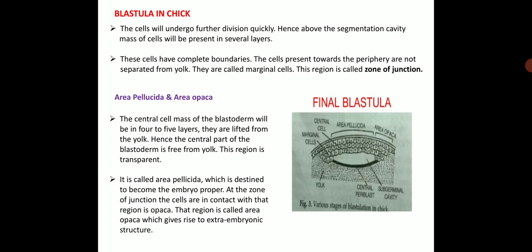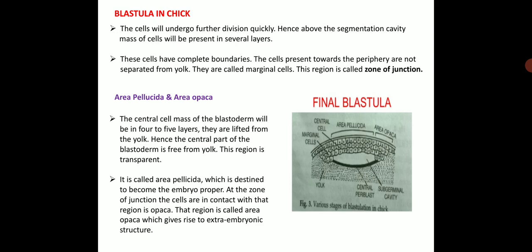Hence the segmentation cavity, consisting of a mass of cells, will be present in several layers. These cells have complete boundaries. The cells present towards the periphery are not separated from the yolk. They are called marginal cells. Here in this picture, you can clearly observe the marginal cells.